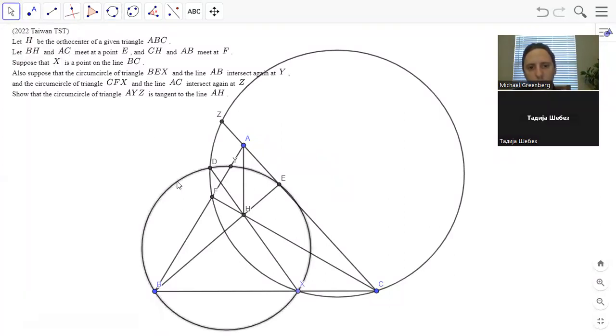So if it swaps B and E, then it would take this circle to, we want to show it takes this circle to this.